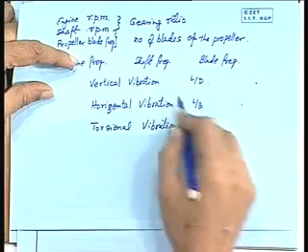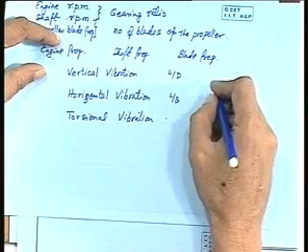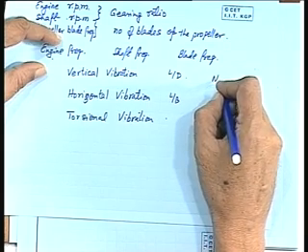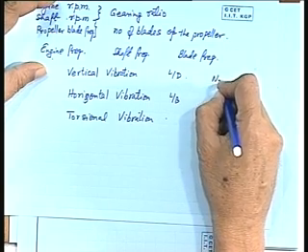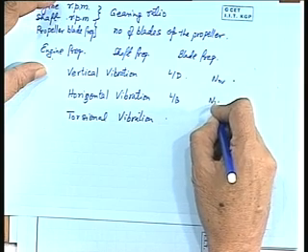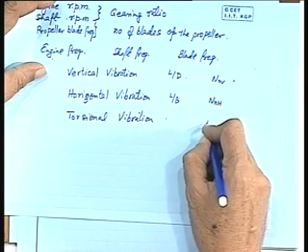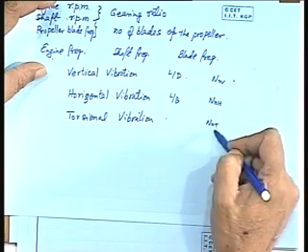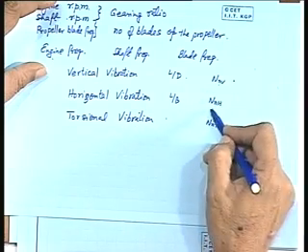So now these frequencies can be calculated. We say that is n and v, then accordingly we say n and h and n and t: vertical, horizontal, torsion.